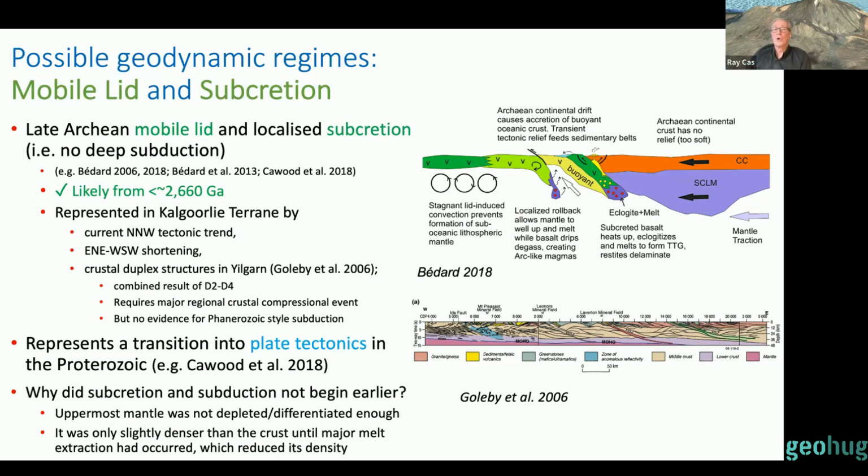And we think this is recorded in the stratigraphic record via those late basin stratigraphic sequences, which are highly polymictic in their character.